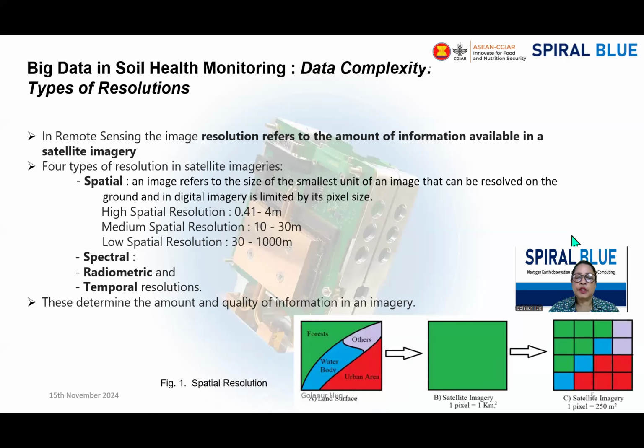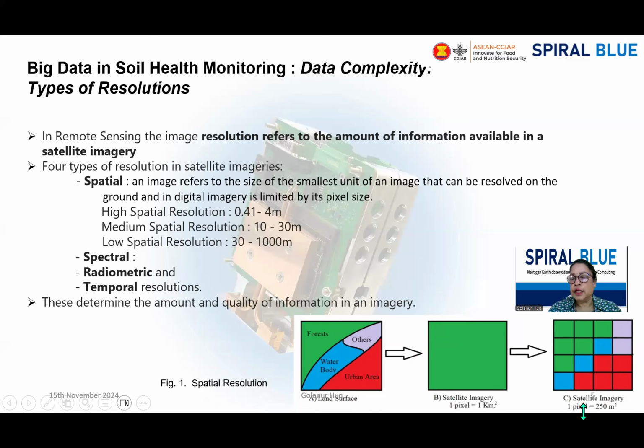Check out this example. Have a look here. This is a land surface. Check out this one. The pixel size is 1 kilometer square. So in this image, with this pixel size, this is 1 pixel. We can't see anything.